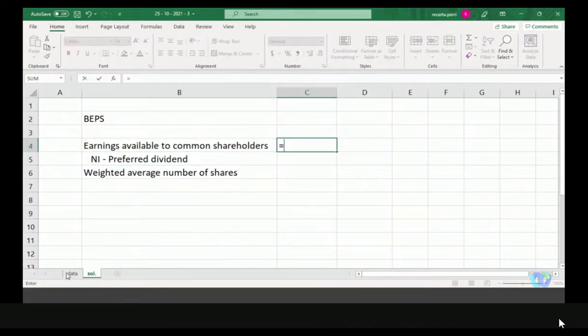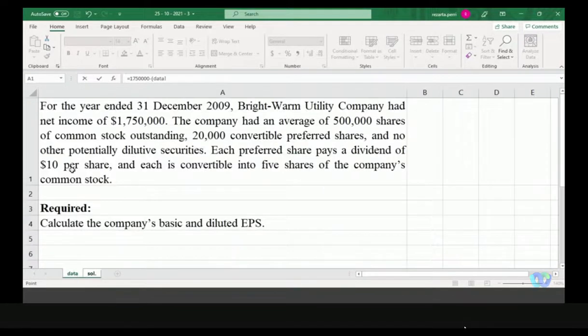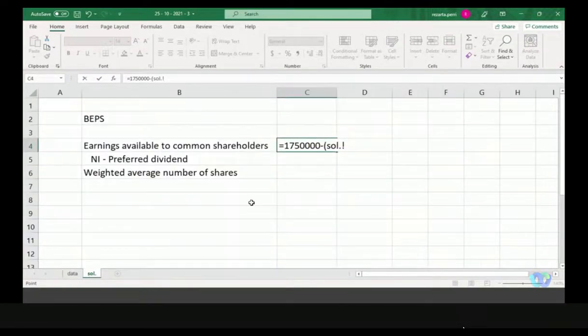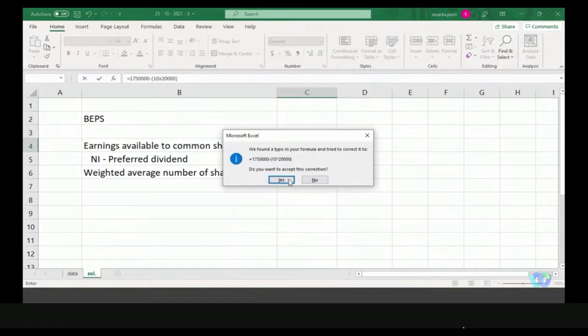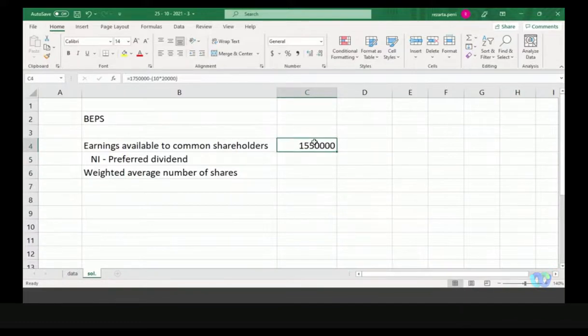That the net income of the company, if we remember, is 1,750,000 less what was equal to $10 per share, let's check the data, and we have 20,000 preferred shares. That is 10 multiplied by 20,000. Okay, so we have the earnings available to common shareholders, 1,550,000.